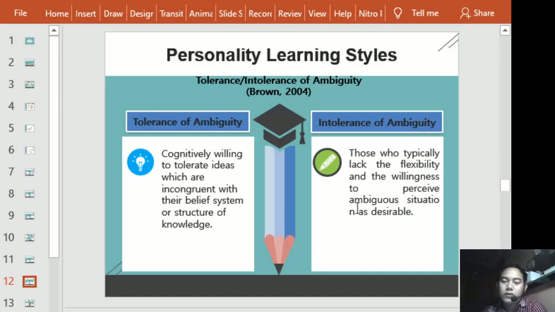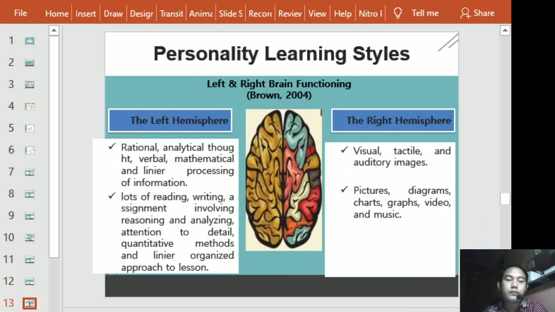They wish to see every idea fit into an acceptable place in their cognitive organizations, and if it does not fit, it is rejected. They have no willingness to adapt to apparently ambiguous situations or ideas. Thus, intolerant learners are those who typically lack the flexibility and the willingness to perceive ambiguous situations as desirable.